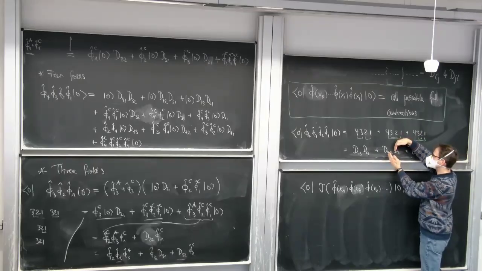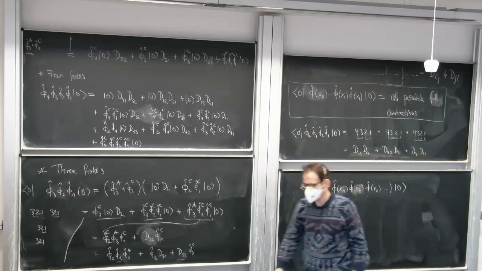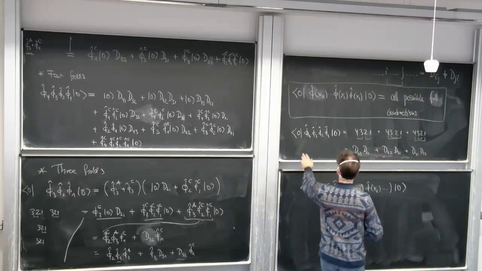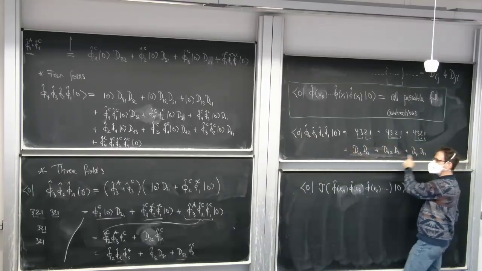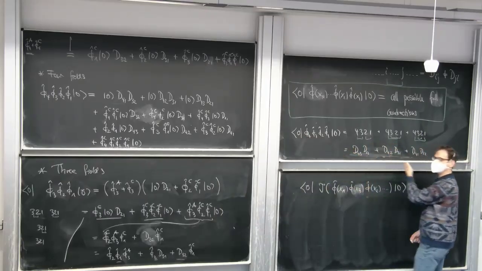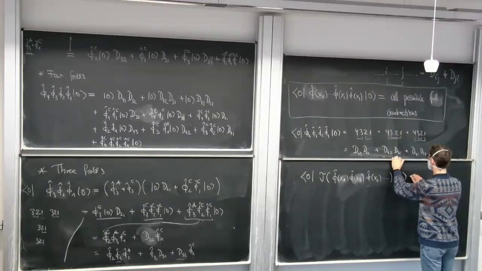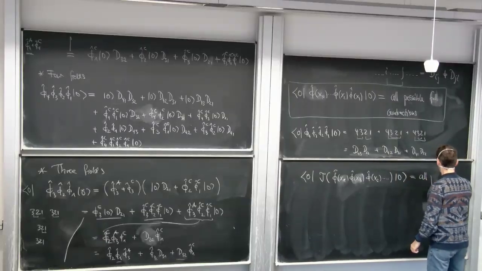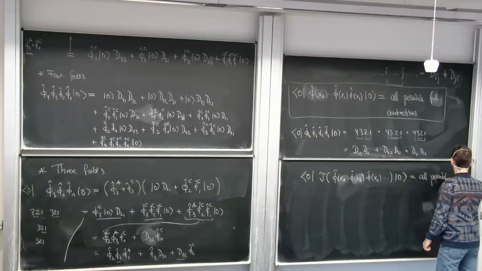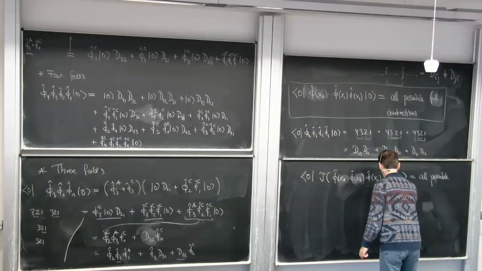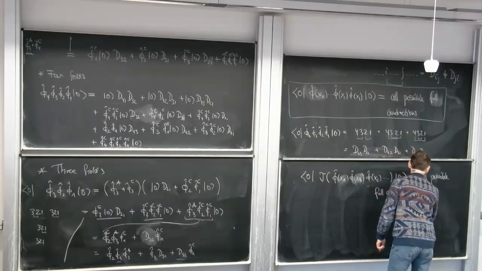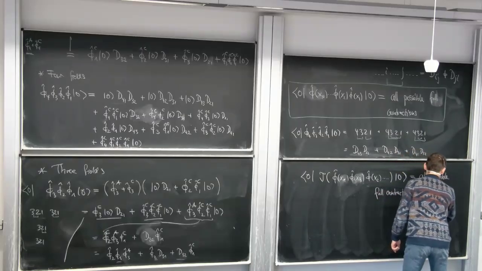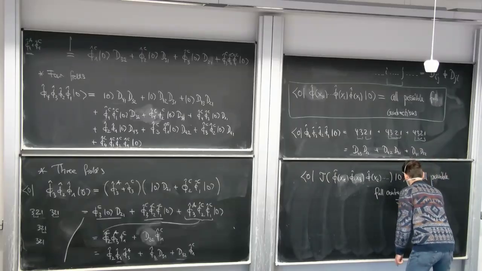It just means we have used the assignment properly. If you have a one without the time ordering, you just put the D's. If you have a time ordering, you just put the DFs. So this is the same formula, all possible full contractions using the assignment properly.